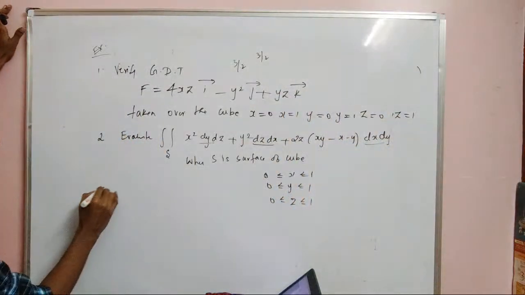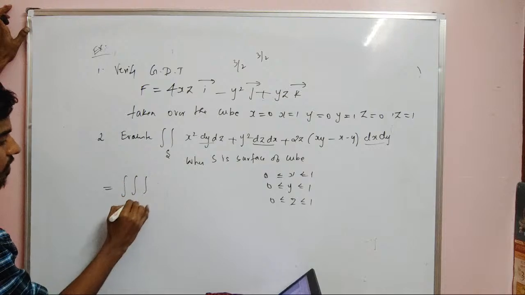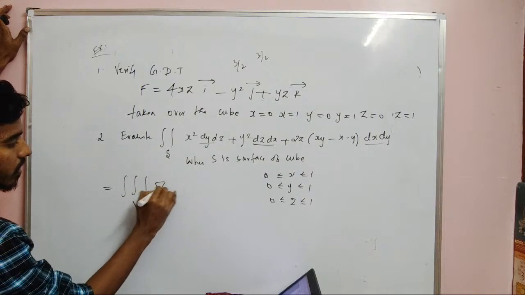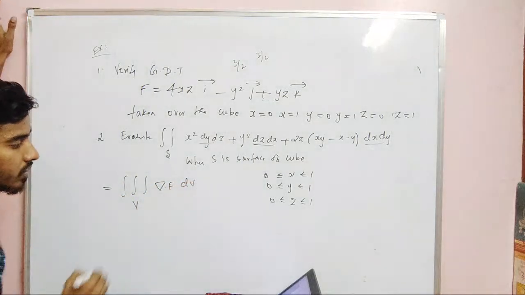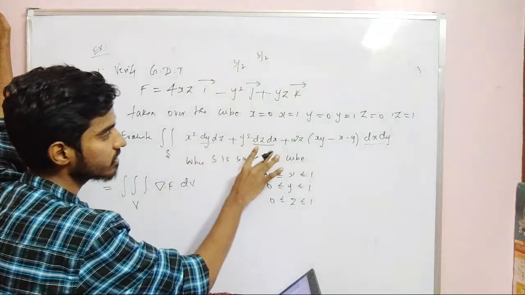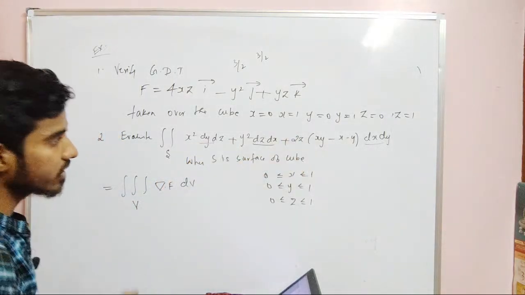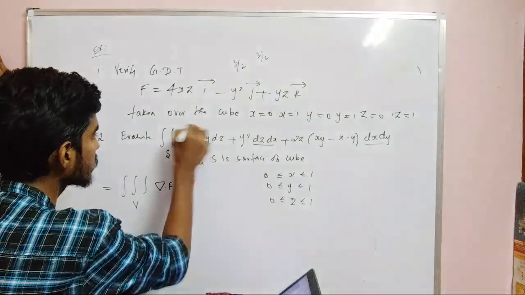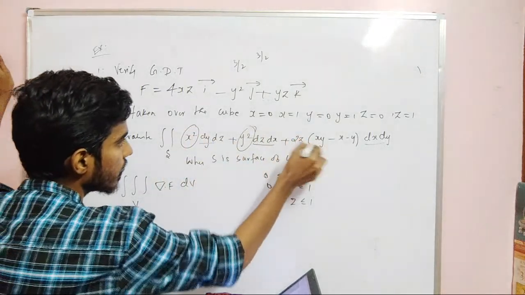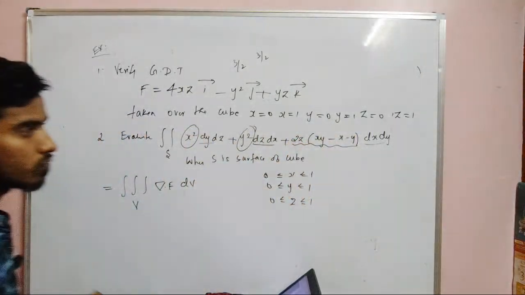So in order to find this by Gauss divergence theorem, we can evaluate the triple integral over V of del dot f dV. You just consider x square, y square and this as z square coefficient.